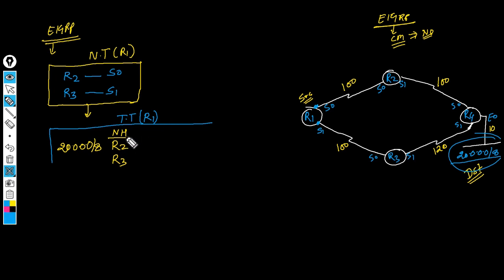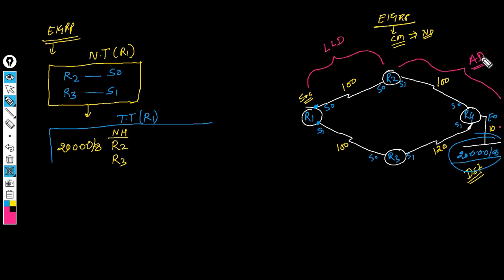If I am going via the R2 router, what will be the values? First of all, you need to understand the values. This is my source. The distance between the source and the neighbor router is considered as LLD, local link distance. Source till neighbor is LLD, and neighbor till destination is considered as AD, advertised distance.